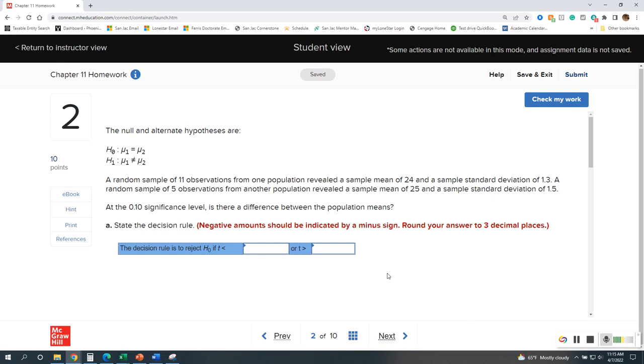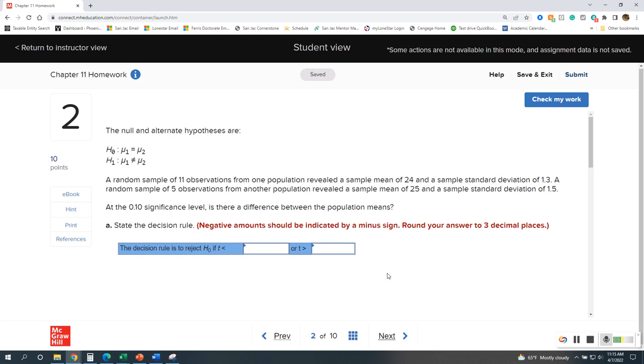Already, since we're working with samples, we know that the population standard deviation is unknown.